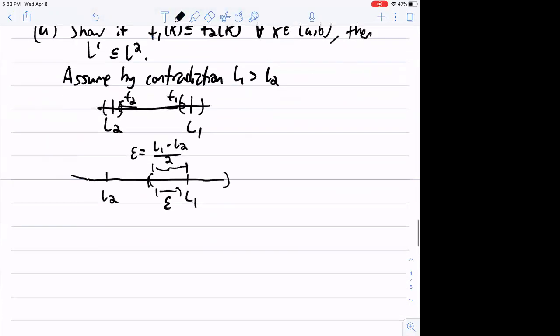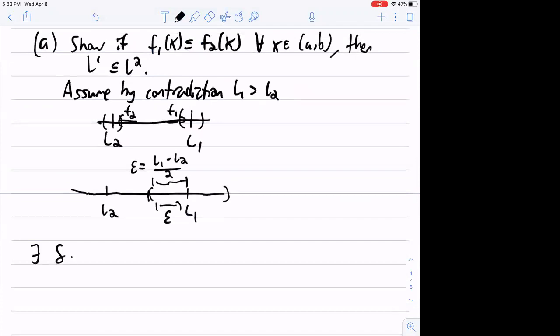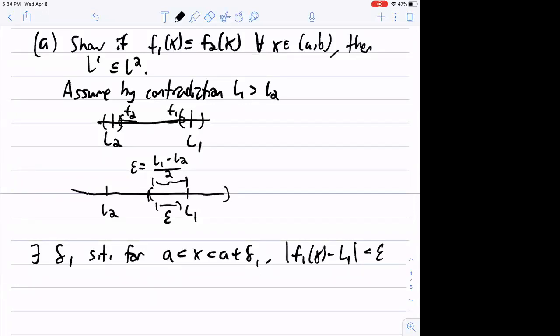For this epsilon, there exists some delta 1 such that, since it's a right-sided limit, for x less than a plus delta 1, f1 of x minus L1 is less than epsilon, right? Epsilon is this, but just to save space, I'm not going to write the (L1 minus L2) over 2 yet. Just know we're using the delta for this epsilon.